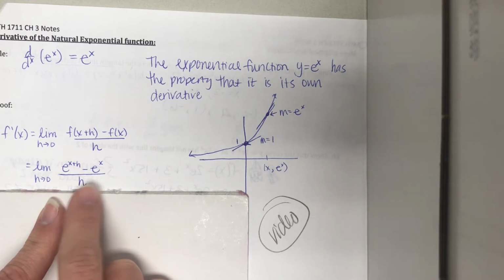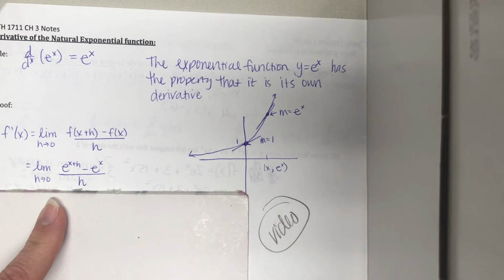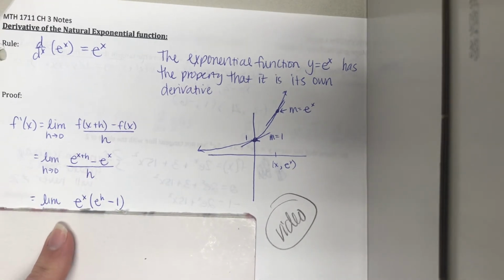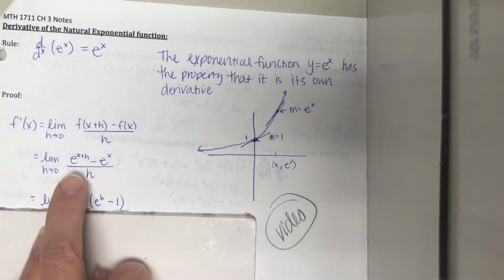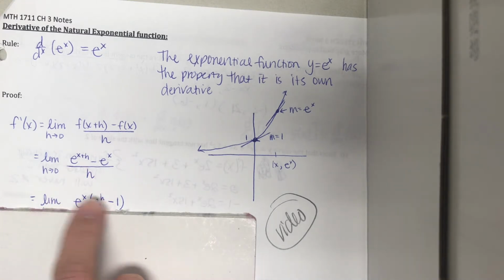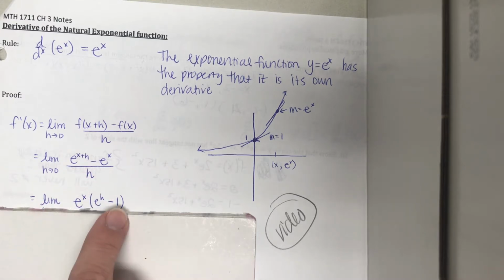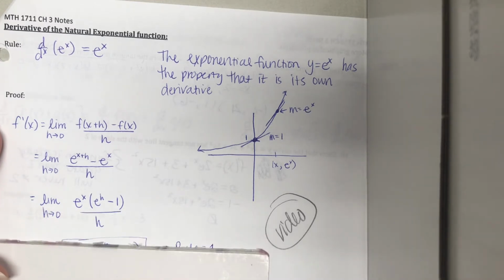Then we're going to factor out an e to the x. Remember, when you multiply, you add exponents. So e to the x times e to the h, that's how you get back to e to the x plus h. And then e to the x times 1 gets you back e to the x. And we still have this over h.